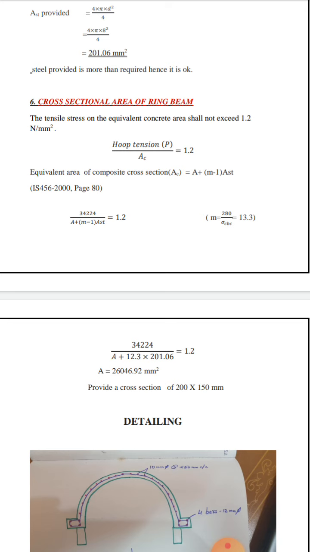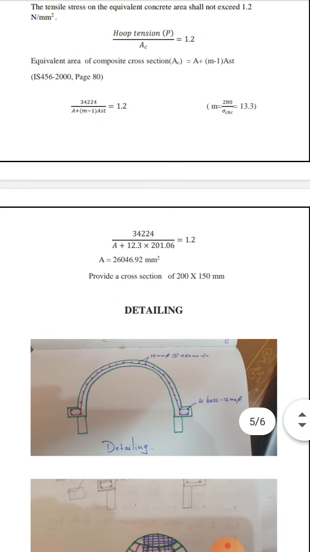So provide a cross section of 200 by 150 mm. If you want a square cross section, take the square root of the area. Here I am providing a rectangular cross section with width 200, and dividing by the area you get the height as 150 mm. So this is the detailing.